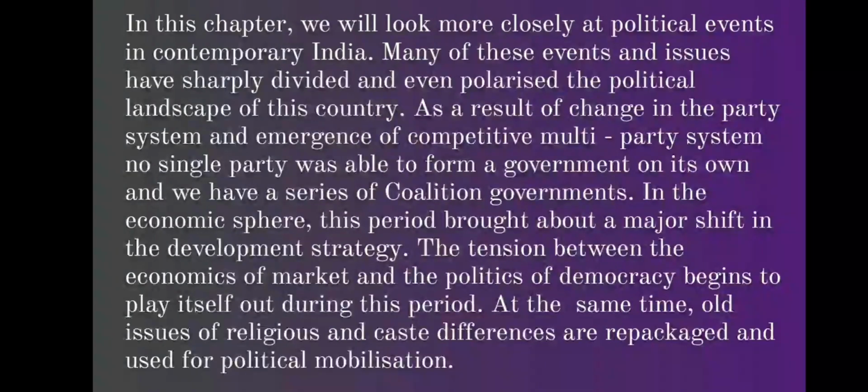And when the multi-party system emerged, most of the political parties started using the old issues, giving priority to religious issues and caste differences. They repackaged them and made them political issues in India.